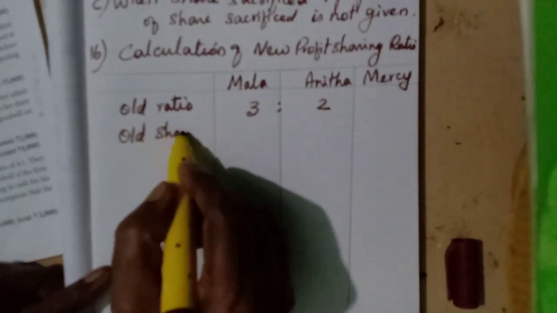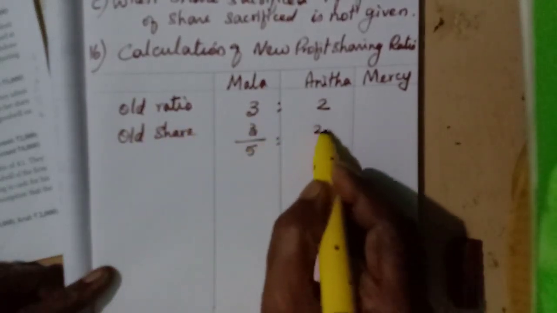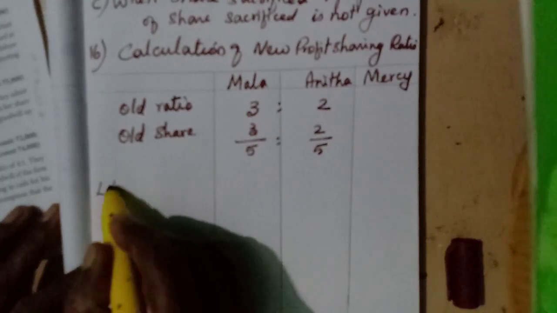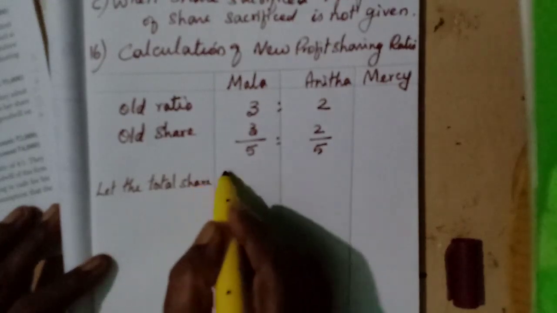Old share 3/5 and 2/5. Now we should write, let the total share be 1.